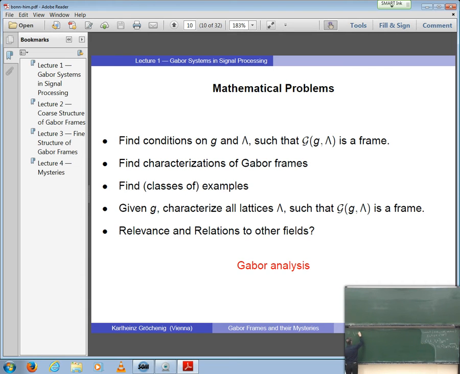Let's write x psi again: the integral of f of t, g of t minus x bar, e to the minus 2 pi i psi t dt. Let's see how this is built. Essentially, I take f of t, g bar of x.